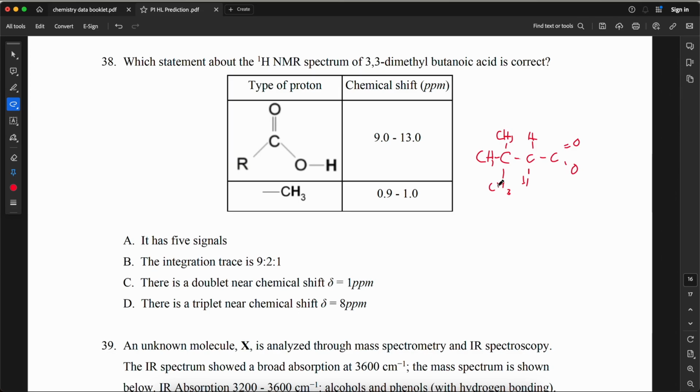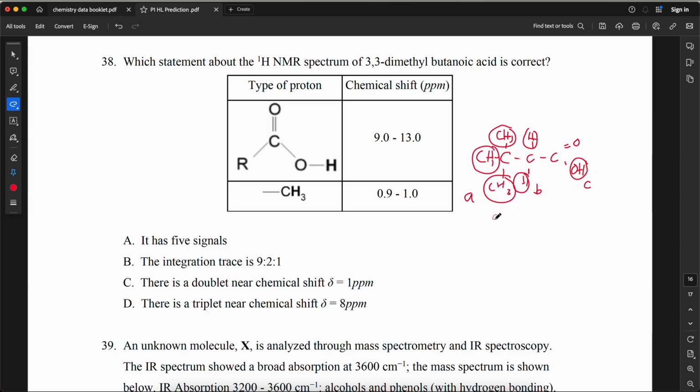Okay, 3,3-dimethylbutanoic acid. So we'll have this one and this one and this one, the same H environment, A. This one and this one will be B environment, and this one C H environment.